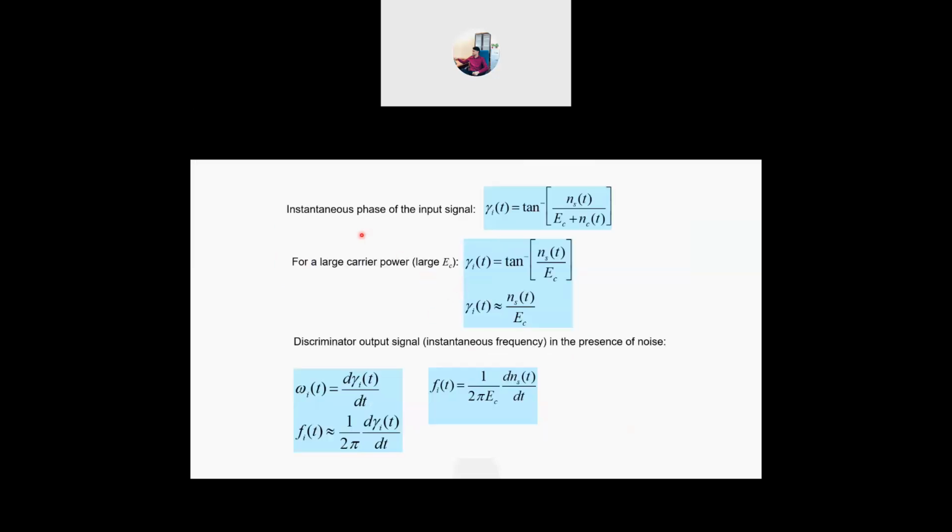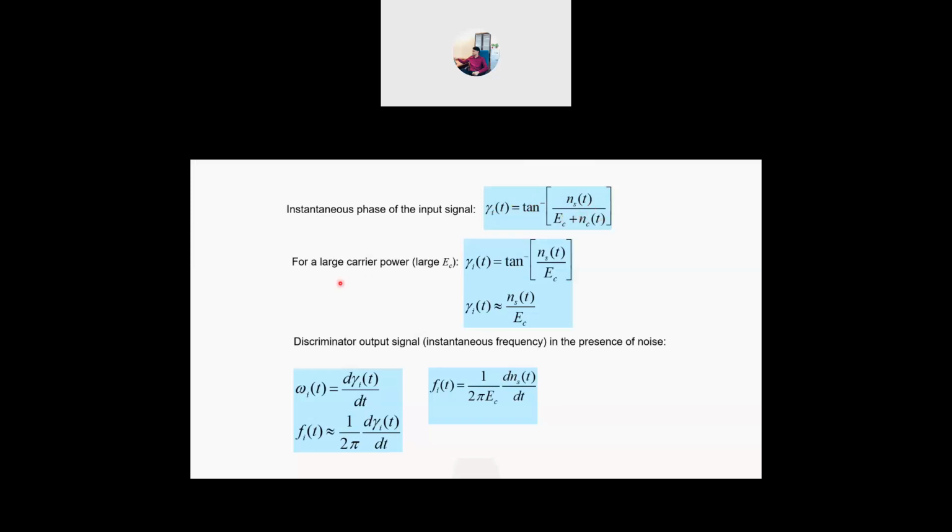So the instantaneous phase of the input signal, Yi(t). It's not the phase of the input signal, it is the instantaneous phase, with respect to time, at a particular time but not all the time. That's why it's called instantaneous. So it is equal to the inverse tangent of Ns(t) over Ec plus Nc(t).